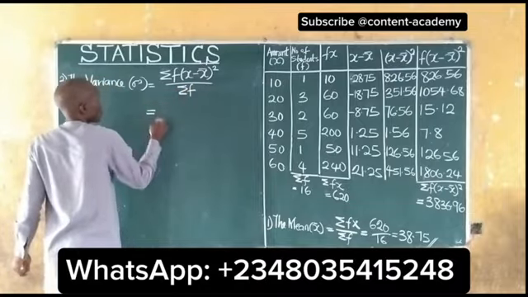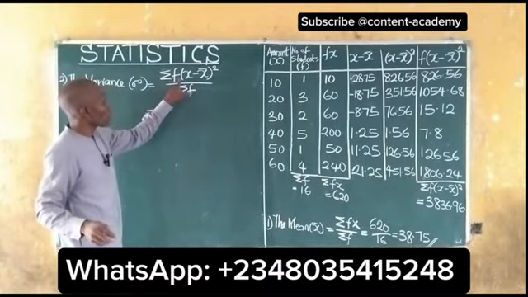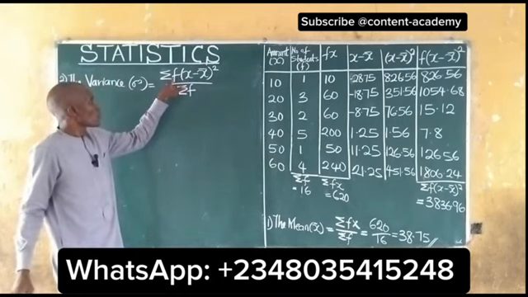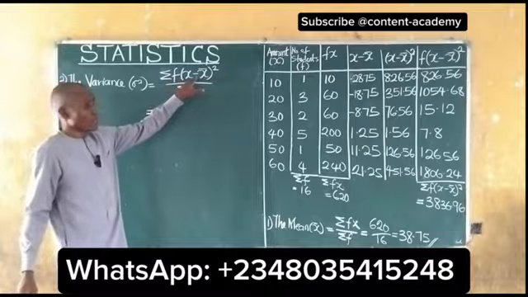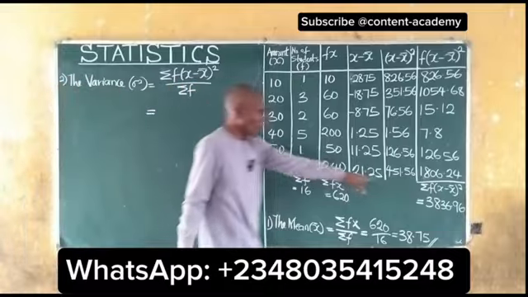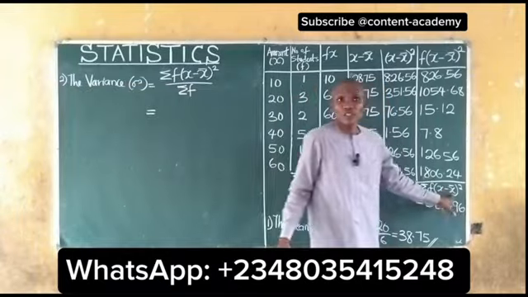Now we have summation of f multiplied by x minus x bar squared is what we have here.